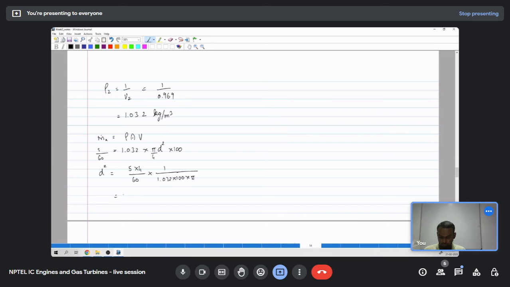So this is 1.028 into 10 power minus 3. So that means 0.032 meters. So that is 32 mm. 32 mm should be the throat diameter to get this air flow rate.